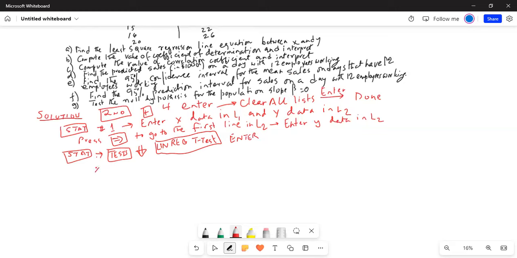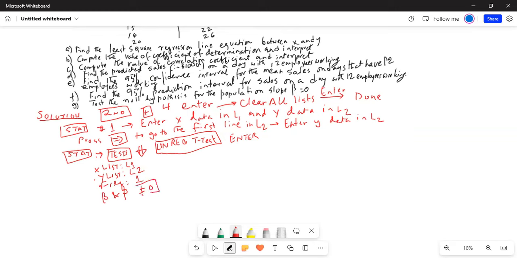So your X list is L1, already there. Y list is L2, already there. Frequency is 1. The next line is the alternate hypothesis, beta and rho not equal to 0.